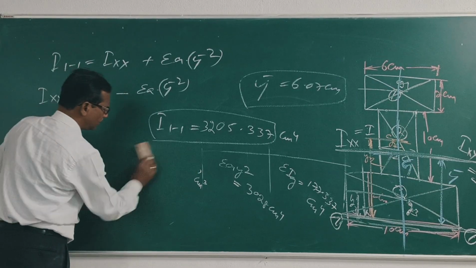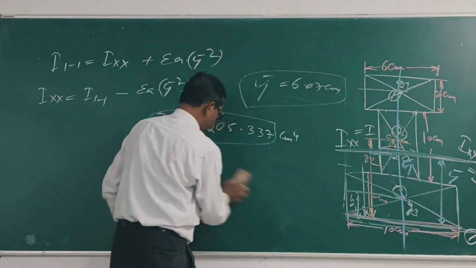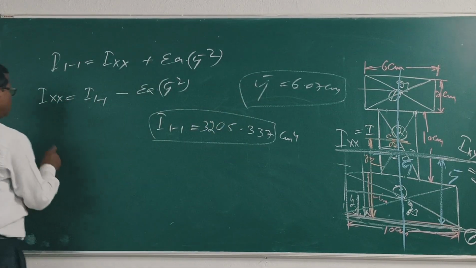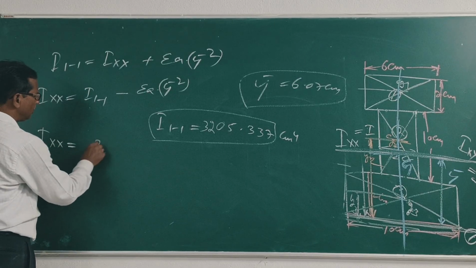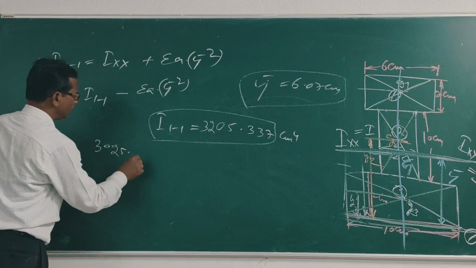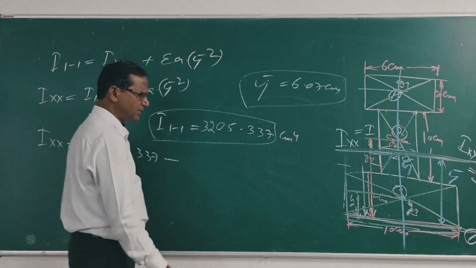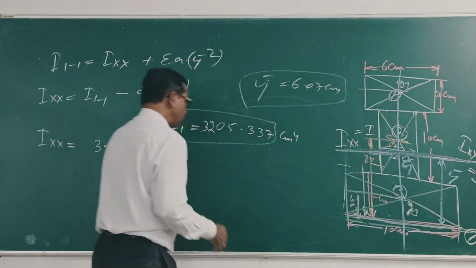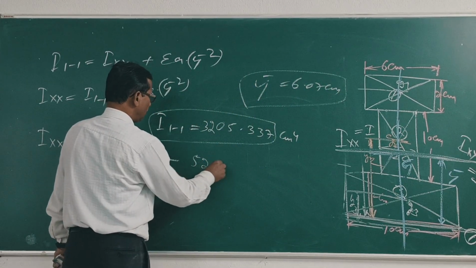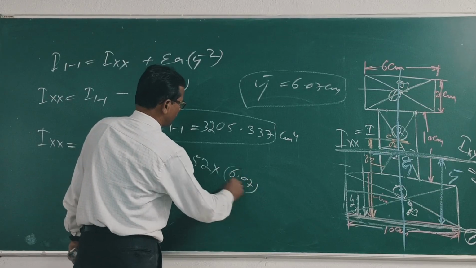I x x is 3205.337 minus sigma A, which is 52 into y bar, 6.07 square.